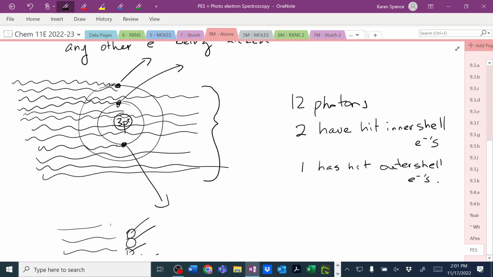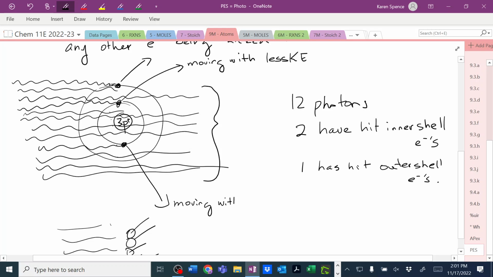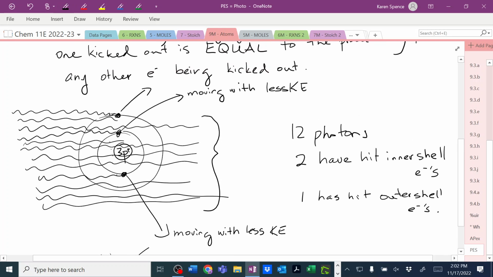However, you should be able to describe the fact that if you're throwing energy at these things, the inner electrons will be moving with less kinetic energy, and the outer one would be moving with more kinetic energy.